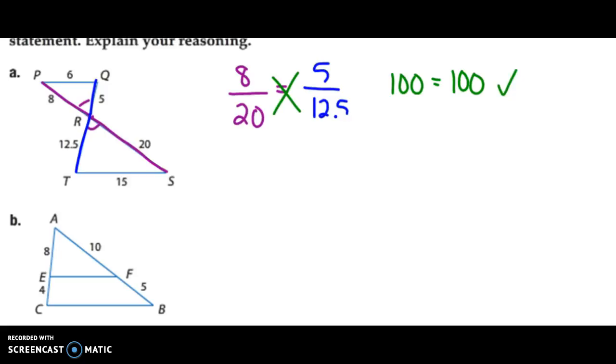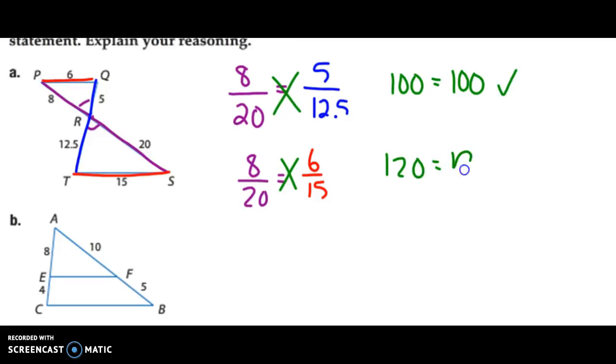Now, I also have to make sure, though, that PQ is proportional to ST. So I start with my original proportion, 8 over 20, and I see if it's equal to 6 over 15. Cross multiply. 8 times 15 is 120. 6 times 20 is 120. So they all check out.